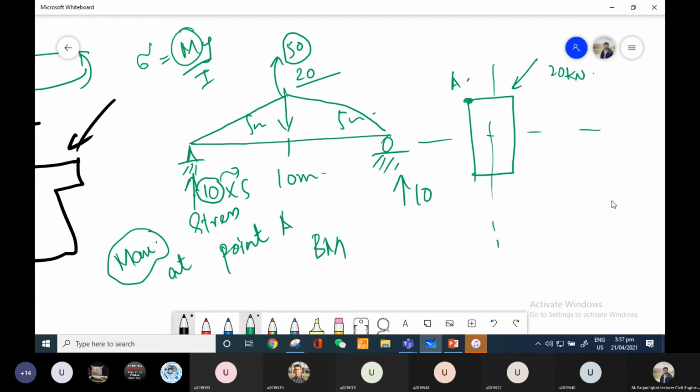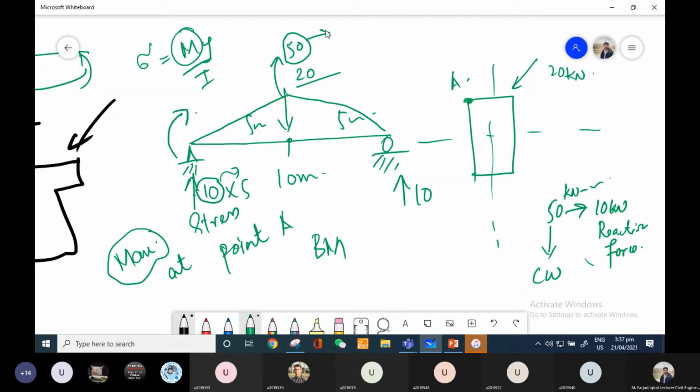Now the first thing is that 50 is produced by the 10 kilonewton reaction force, or 10 kilonewton force on the left side of this beam. Okay. The second thing is that the direction of this 50 kilonewton-meter is clockwise. Okay, because we know that at this point, if I take the moment, it is acting in the clockwise direction. So what you have to do is figure out the resistive moment to this 50.